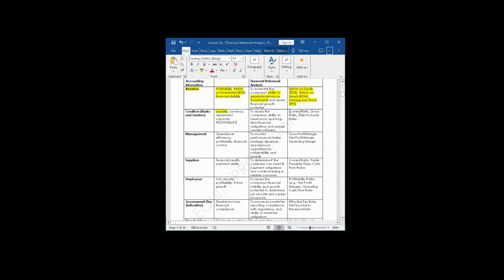For the liquidity, we are looking at the current ratio, the quick ratio, the debt to equity ratio. Because if the debt to equity ratio is high, if the ratio of debt to the total equity of the company is high, it means that the company is at liquidity risk.